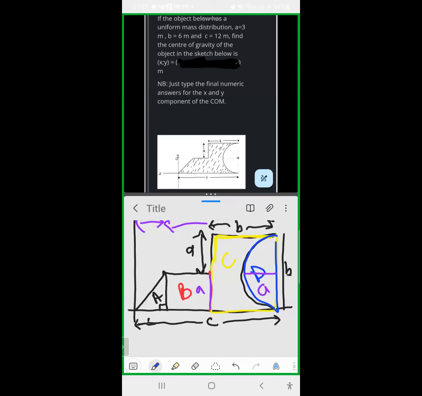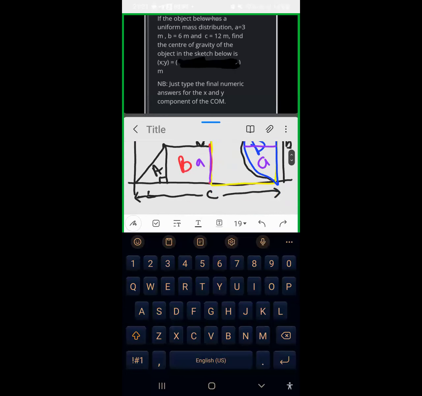As a result, when we are doing the calculations, we have to subtract its value from the value of this bigger square. So that means its area will have to be negative, since it's a cutout.